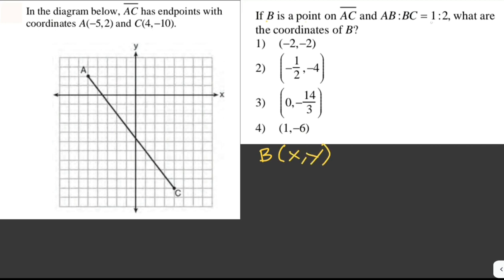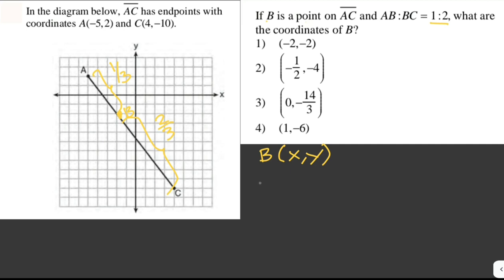let's take note that the ratio is 1:2, so that means if this is point B, segment AB is shorter than segment BC. So if we're going to divide segment AC into 3, that means segment AB is just 1/3 of AC and segment BC is 2/3 of AC.